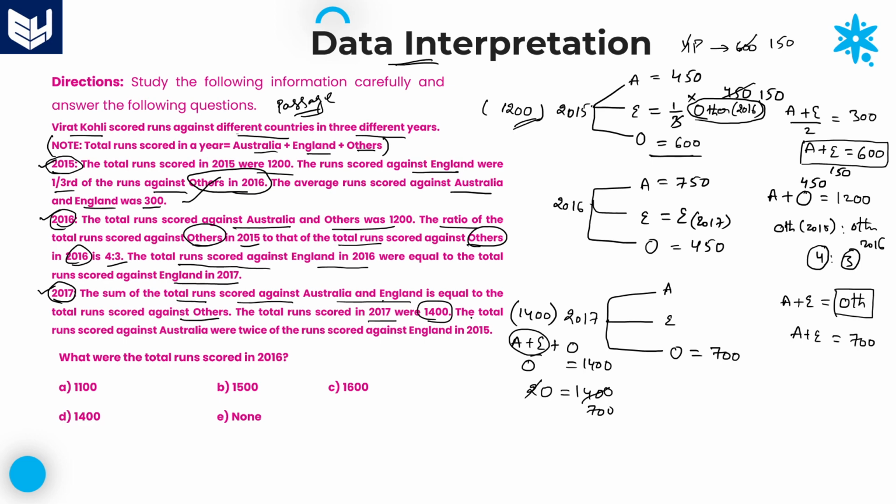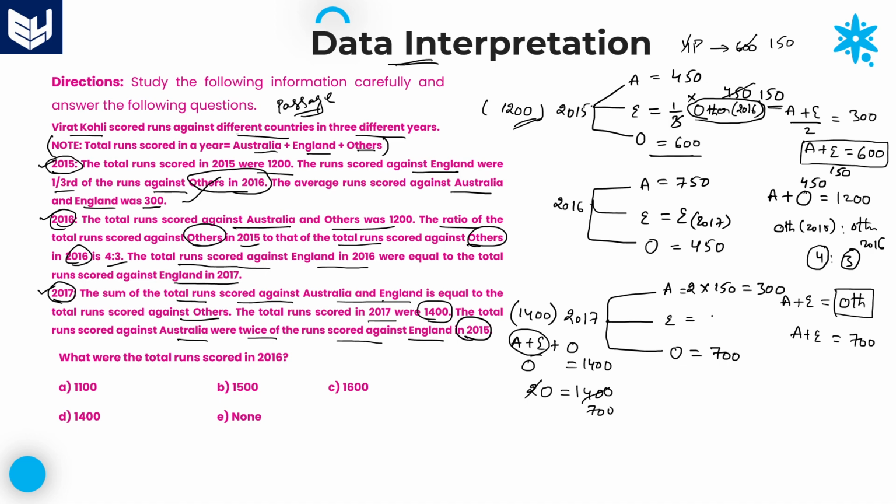And next one, the total runs scored against Australia were twice the number of runs scored against England in 2015. England 2015, this value is 150. So Australia in 2017 was twice that of 2015 England. 2 into 150 is equal to 300.